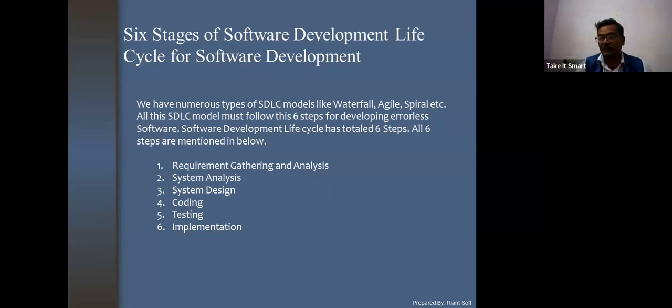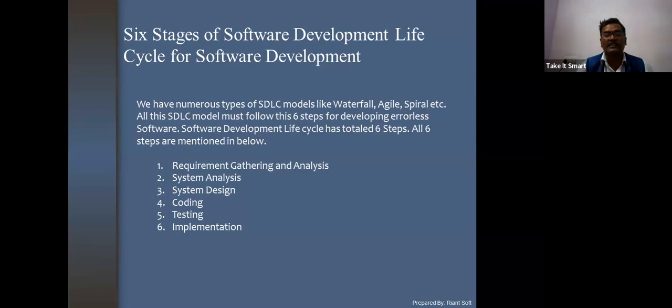What team do I have? I have Python developers, so why should I use Java? Java is complicated, PHP is easy. So many such analyses happen. You don't have to do it from the first day, but you will be part of the analysis team after one or two years. Fine, guys?